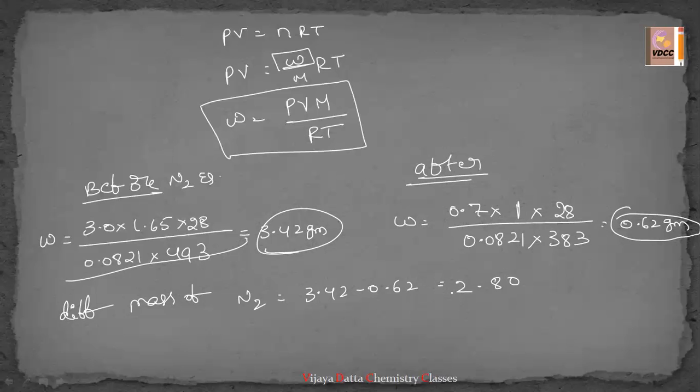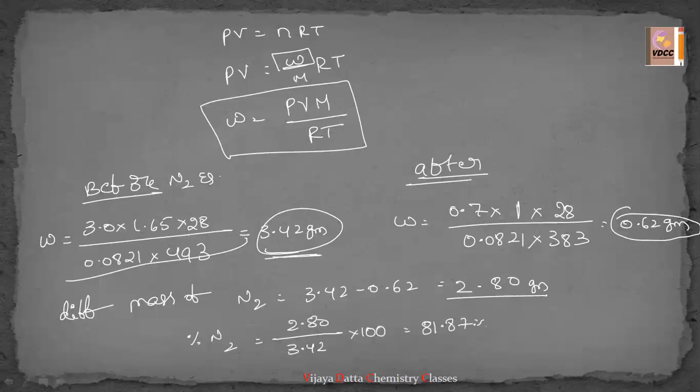He has asked the percentage of nitrogen allowed to escape, not the mass of nitrogen. So to calculate the percentage, 2.80 by total mass of nitrogen, 3.42 grams, into 100. Then simply we'll get the percentage, that is 81.87 percentage of nitrogen is allowed to escape.